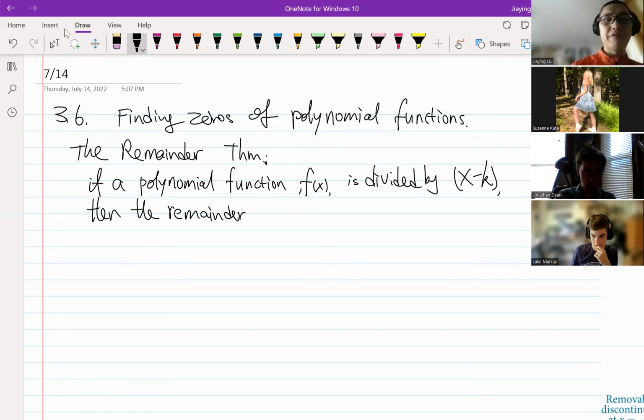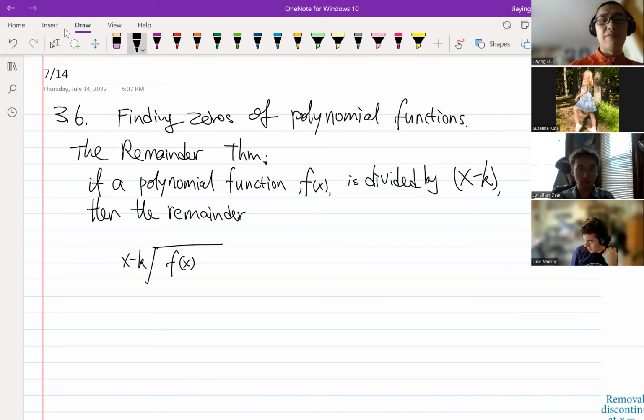So long division will be f of x divided by x minus k. And then we're going to have a remainder after a few steps.